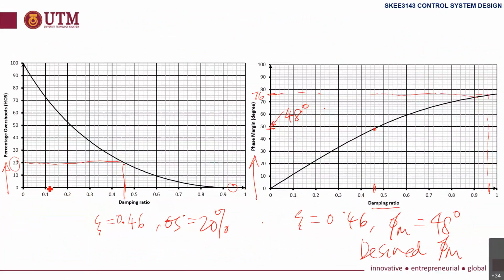About 10% overshoot here gives zeta 0.6. We record zeta 0.6, which gives about 60 degrees phase margin.